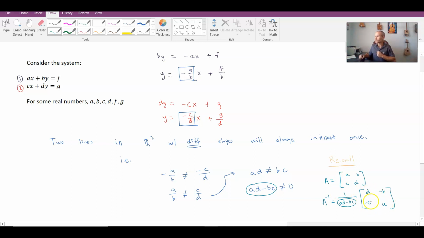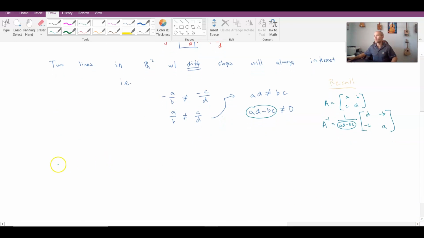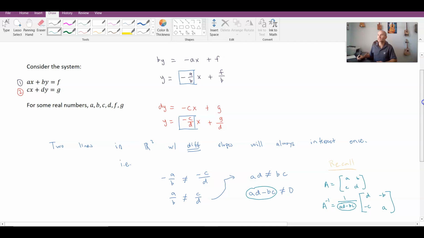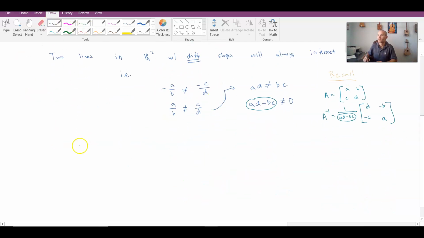Now what we still don't know is where these components come from. And one of the ways to arrive at that is to try to reduce our system using Gaussian elimination. Okay, so our system was AX plus BY equals F, CX plus DY equals G, and we were trying to solve this system.